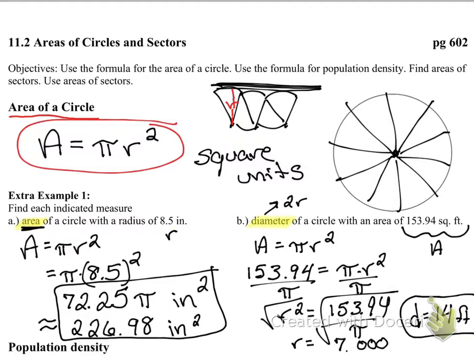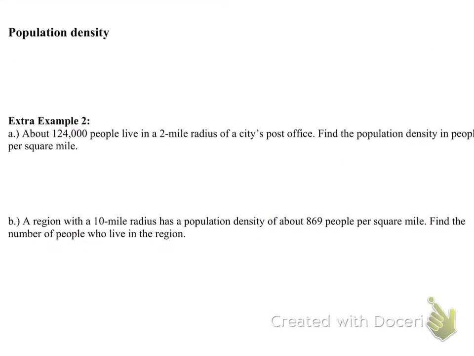The area of circles and sectors are used often in population density. Population density is how dense the population is. If we look at the amount of people living in, let's say, South Dakota, as opposed to the number of people living in California, the population density is very different because we have much fewer people over a much larger area.